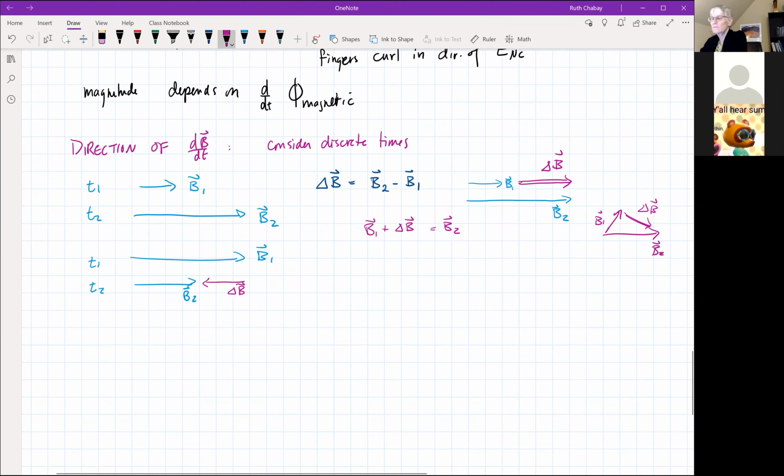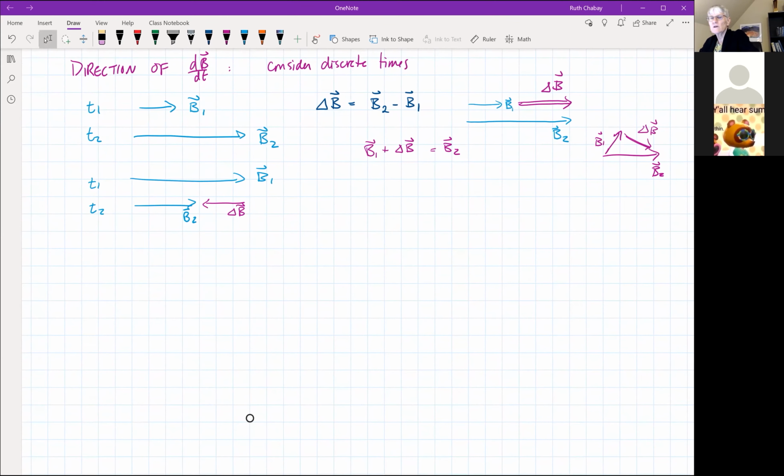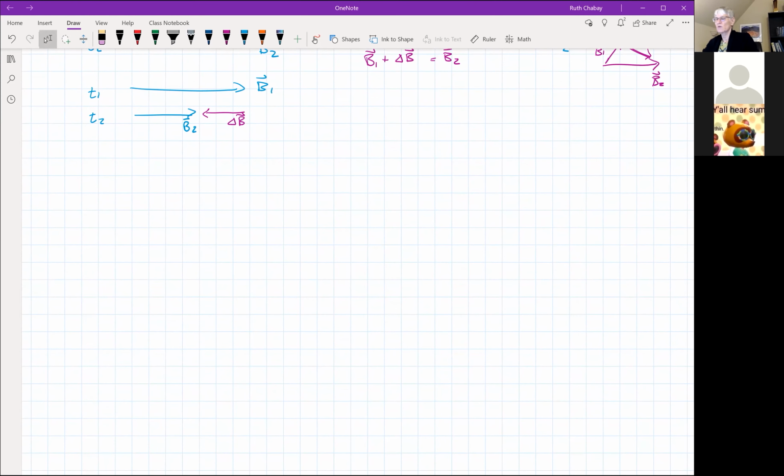And of course, delta B has a magnitude as well as a direction. So if we have two vectors here at time t1, B1 is equal to 0, negative 5 times 10 to the negative 4, 0 Tesla.